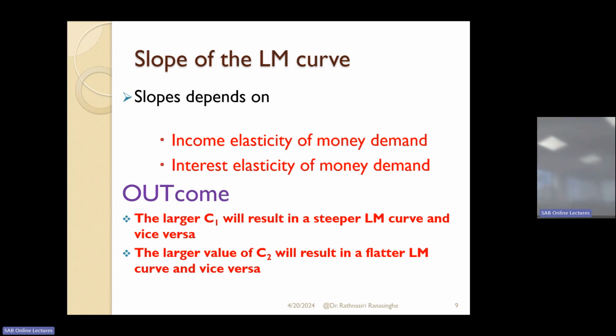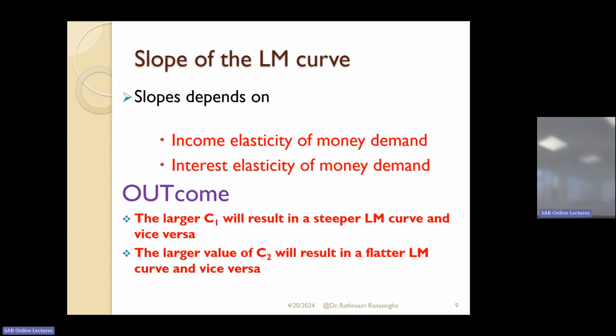And the money supply is the other variable in the money market. That is determined by the central bank, so we identified it as a policy variable, an outside exogenous variable.